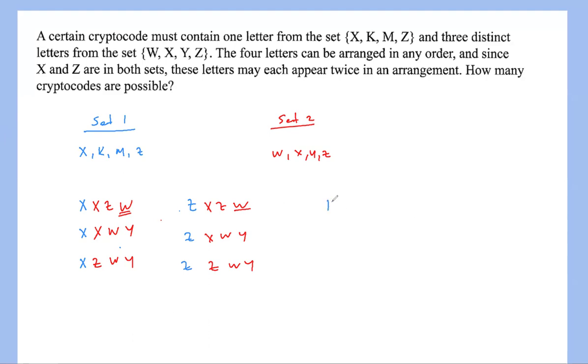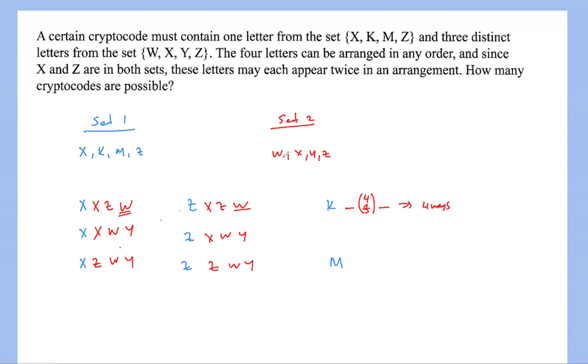If I choose K from the first set or M, I have 2 options. Maybe I should do this one and double that number, because there's no difference between them in terms of counting. So I need to choose 3 others from the second set, and as you see, K is not in the second set, which is why it doesn't matter which 3 you choose. I need 3, so that's 4 choose 3 ways, which will be 4 ways I can choose any 3 letters.